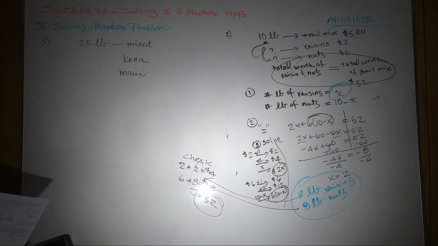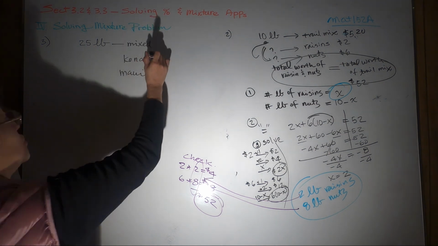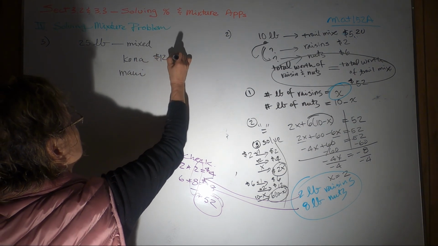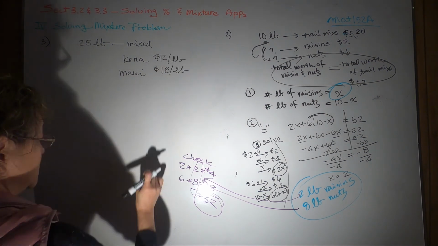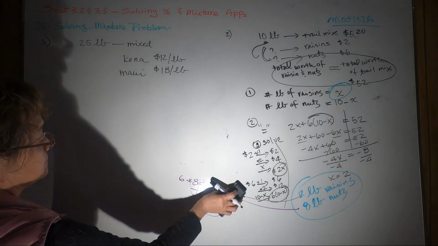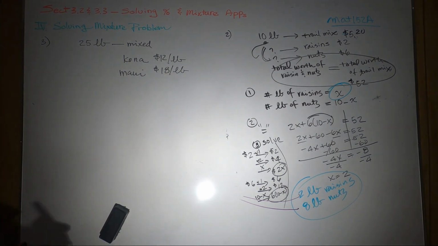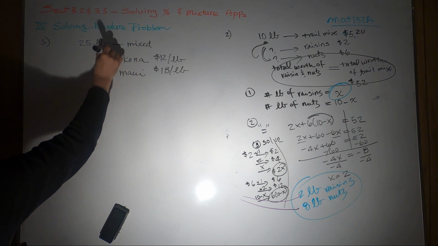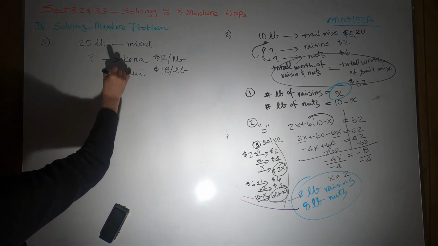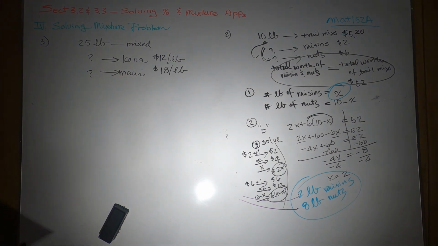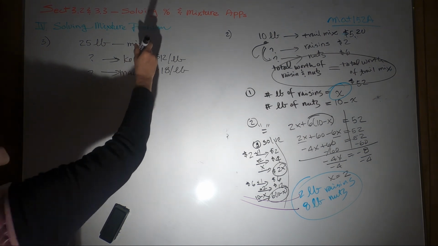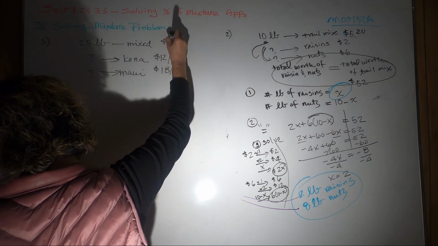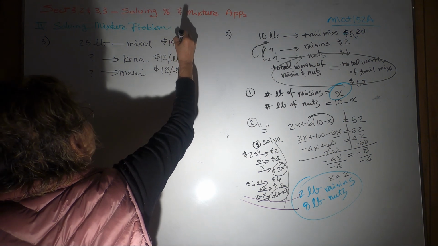Kona bean seems cheaper, it would be $12 per pound, right? Then Maui bean is more expensive, it is $18 per pound. So he doesn't know how many pounds he's going to use for Kona and how many Maui, right? Then when he mixes them together, he wants the value to be what? $14.40 per pound.